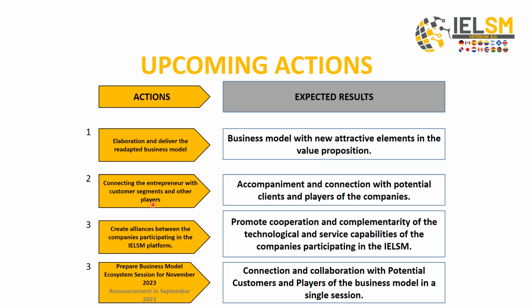Action number 2 is that we connect the entrepreneurs with their potential customer. This customer we already have in the Innova ecosystem, and we also have in the co-evolution methodology.